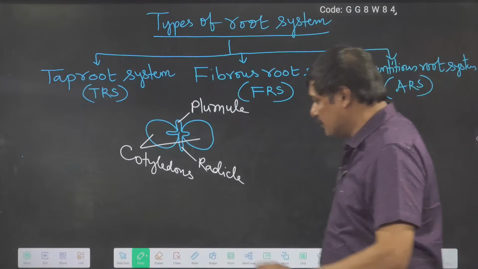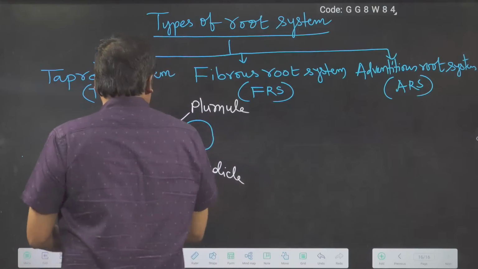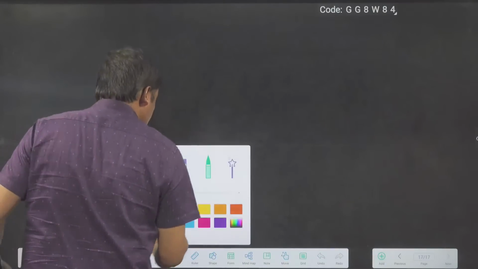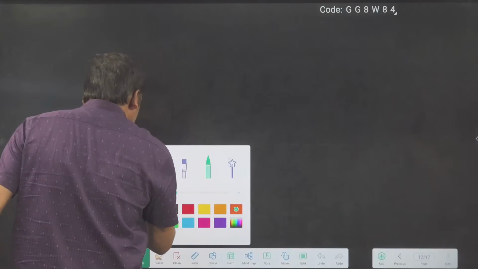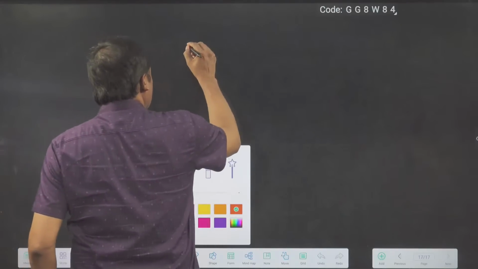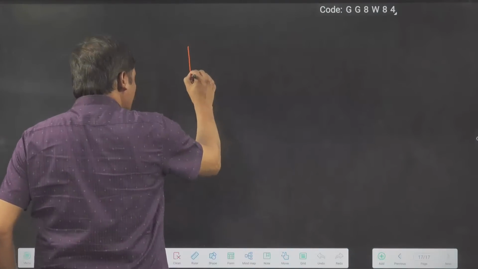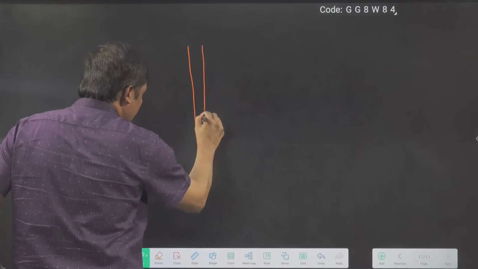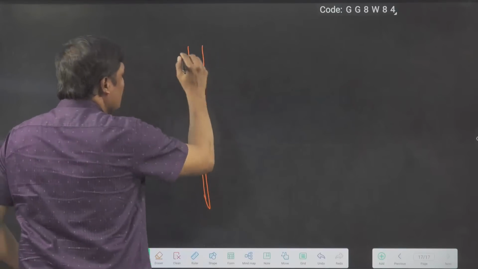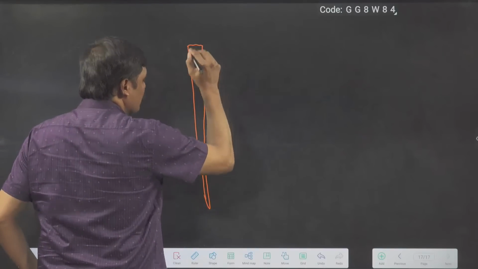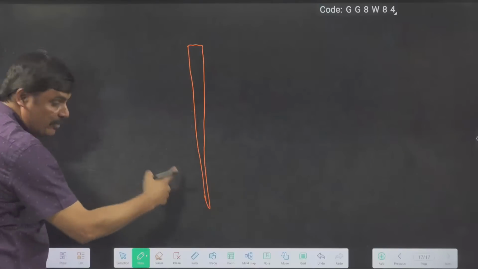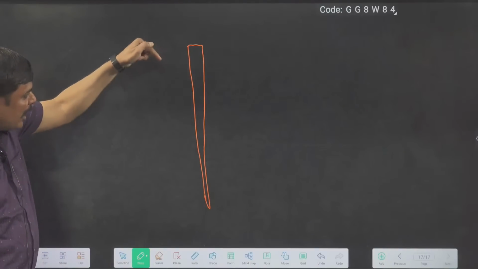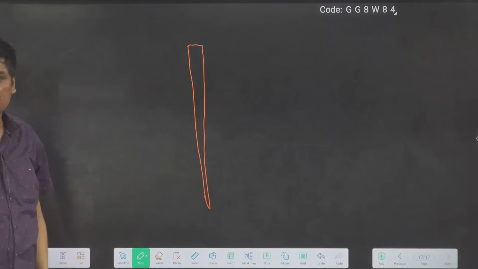That means the radicle prolongates into the main root called primary root. This primary root is nothing but the prolongation of the radicle.